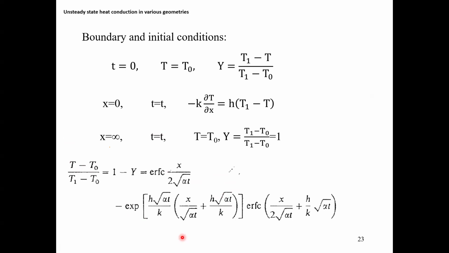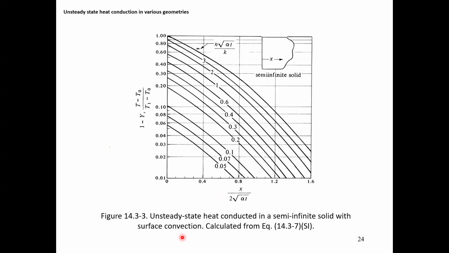You will see that we wouldn't actually use these analytical forms to solve for temperature, but we will be using a plot such as these. I just want to give you all a glimpse of it.